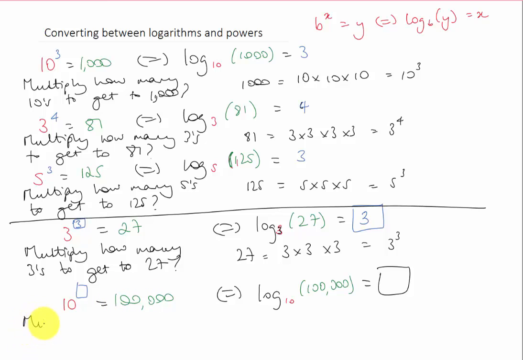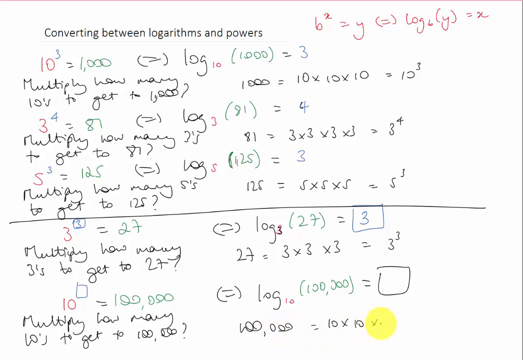So how many tens to get to 100,000? And so we say 100,000 is equal to 10 times 10 times 10 times 10 times 10, or 10 to the power 5. 100,000, 10,000, 100,000.